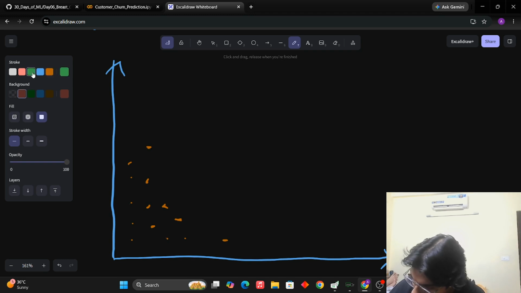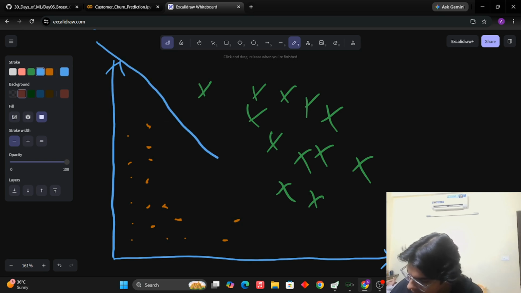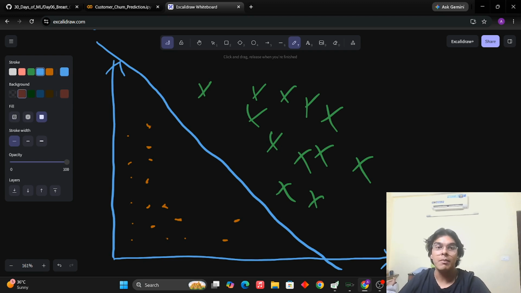And then here we have the malignant cancer data points. All right. So I'm just quickly drawing it again. And this was a hyperplane separating them right here.